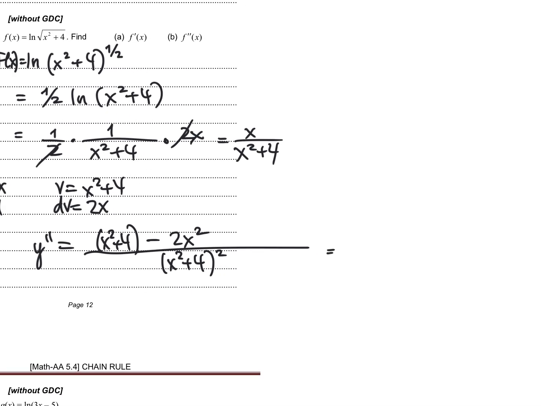So then we're going to have x squared minus 2x squared, which is negative x squared, so 4 minus x squared up top, and then over x squared plus 4 on the denominator. And I think that's all you need to do.